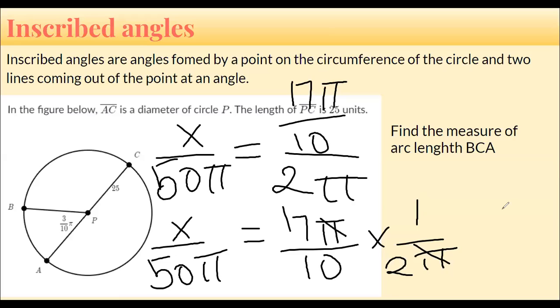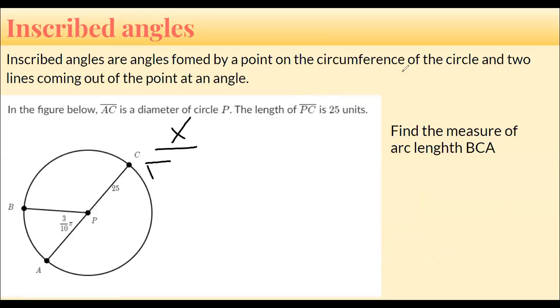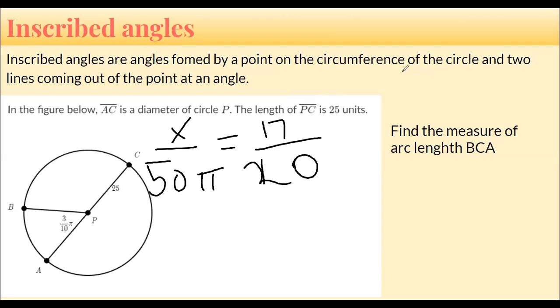So essentially, I would write that again. x over 50 pi is equal to 17 over 20, as I remember.